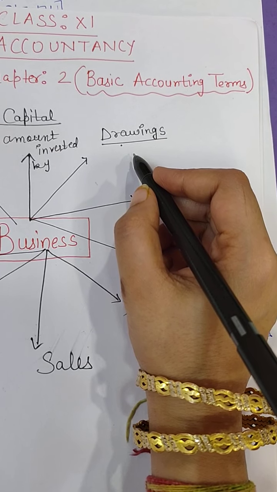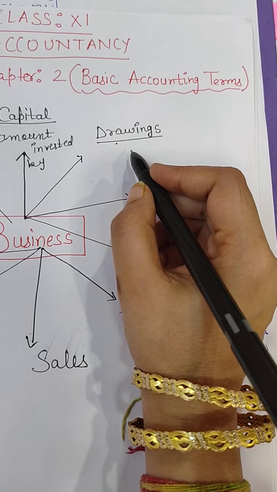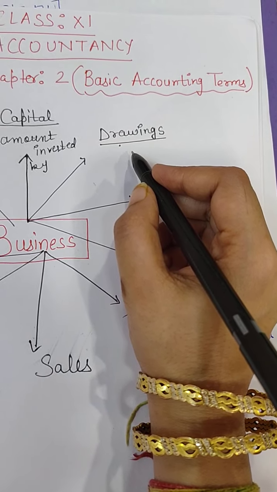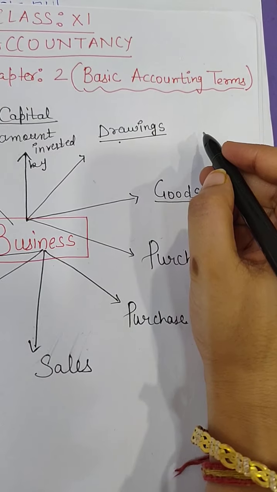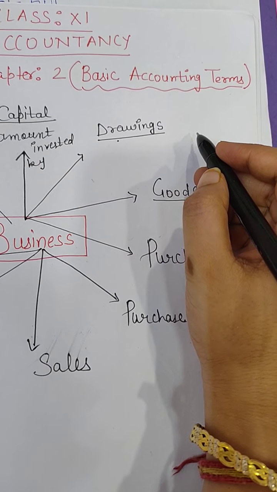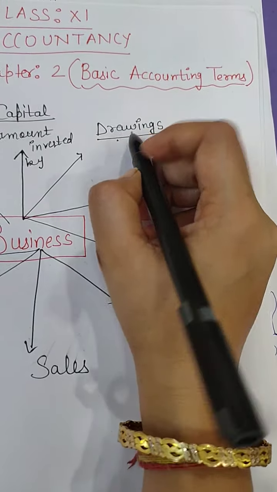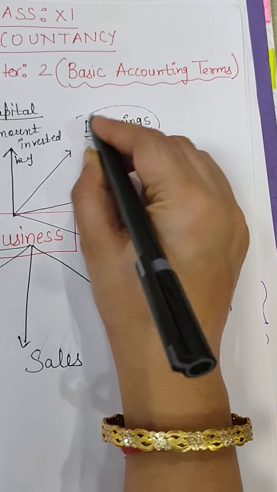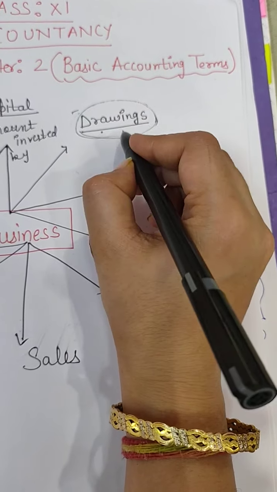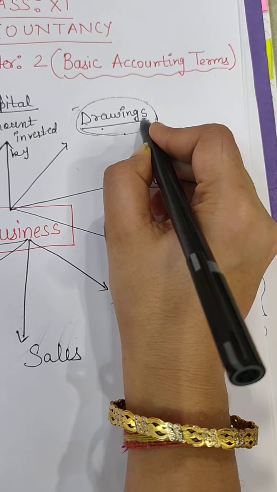If he or she is taking some money from the business, it also has to be recorded in the business that the owner has taken this much amount from the business, and that amount which we are recording in the business will be recorded with the name of drawings. That term is called drawings, not drawing, drawings.